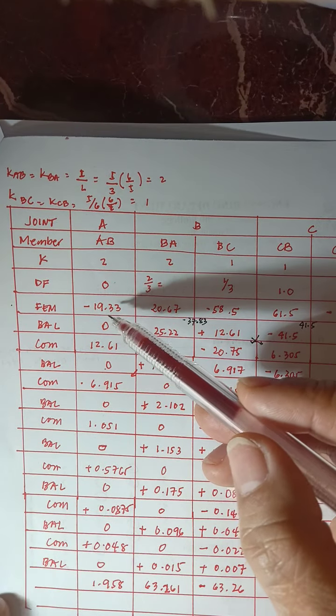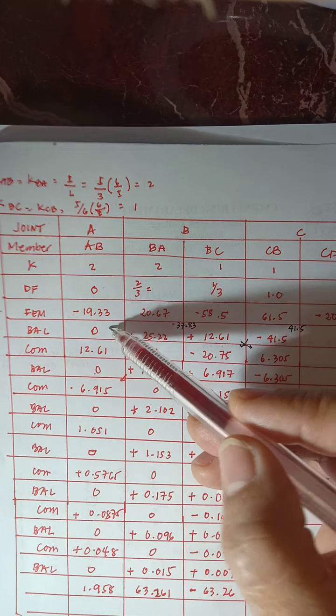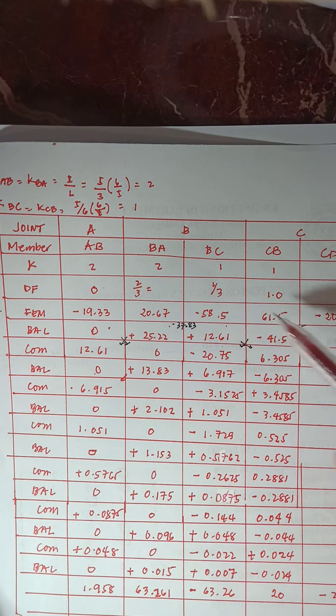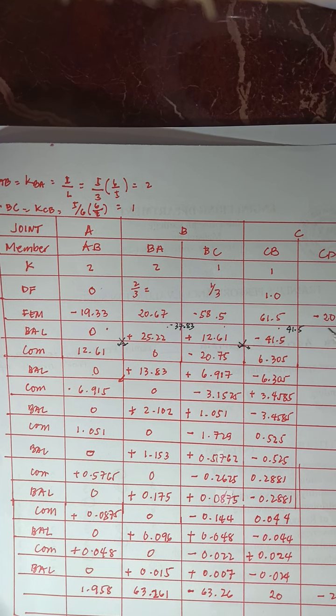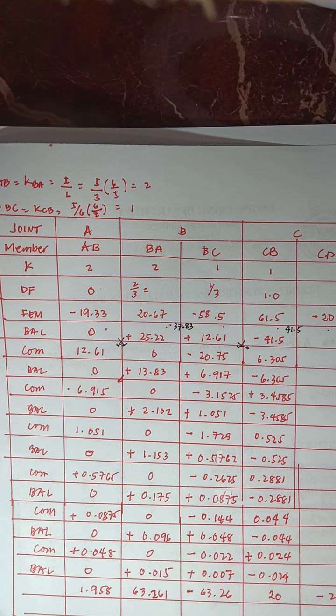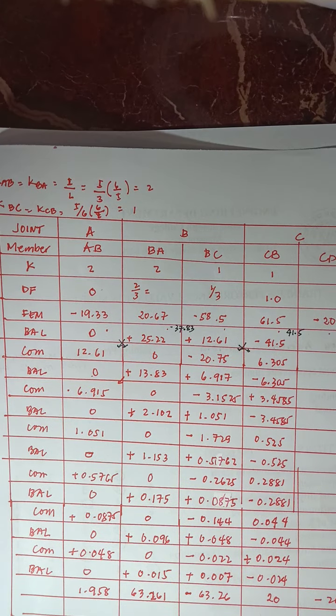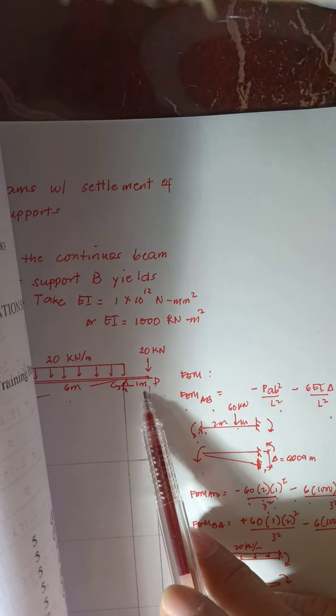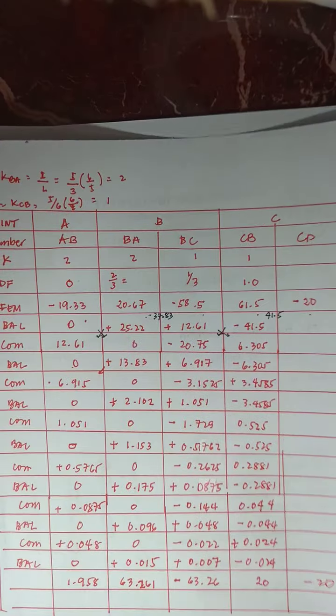So we have now the fixed end moments: minus 19.33, 20.67, minus 58.5, 61.5, and minus 20. CD is an overhang. Your load is 20 kilonewtons times 1, so that is 20.